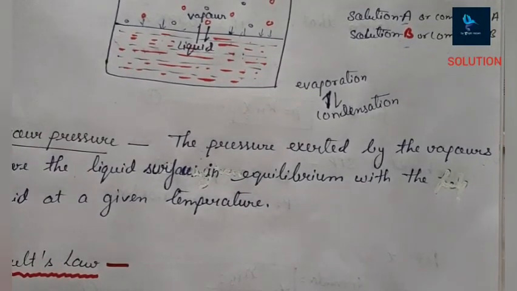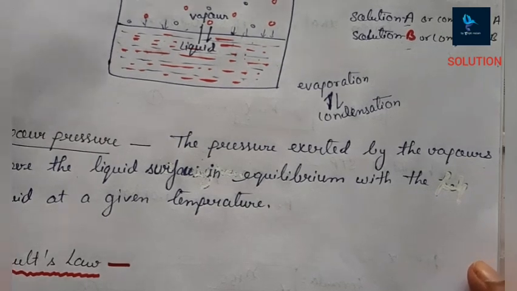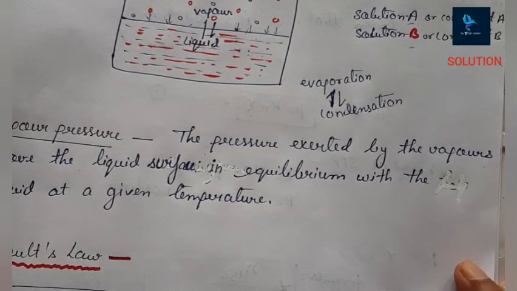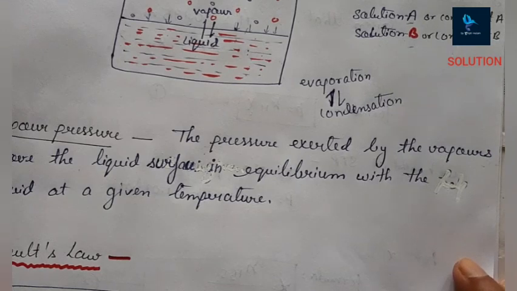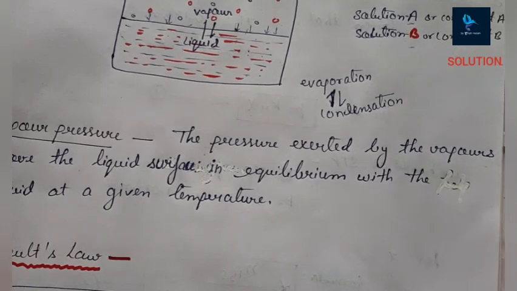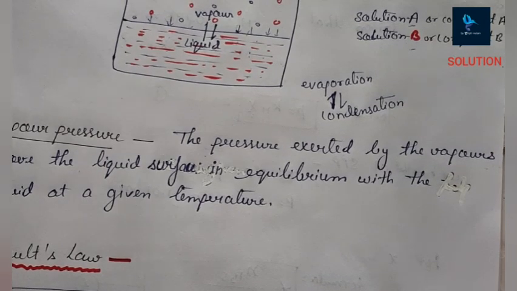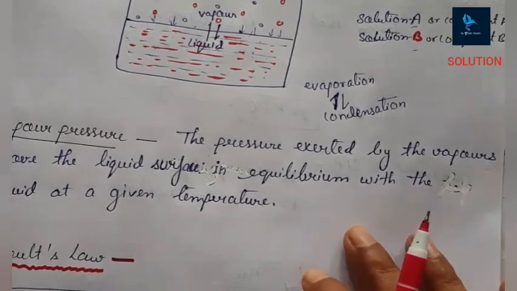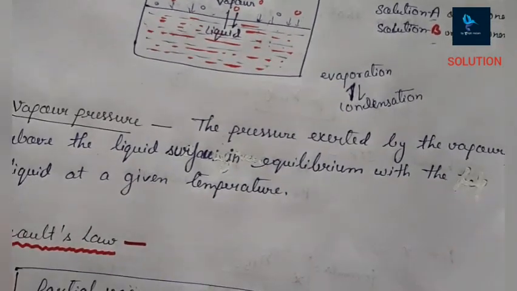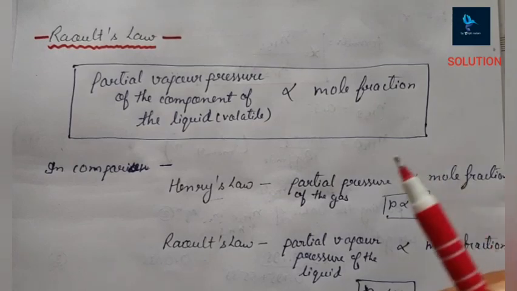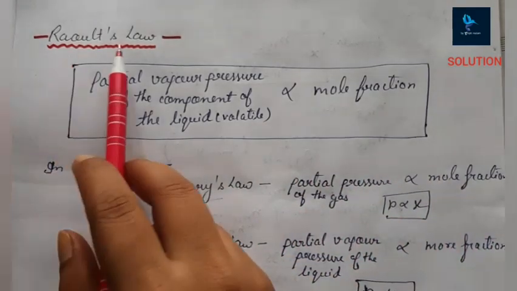There was a scientist named Raoult who gave a law for this particular case, when we make solutions of liquid in liquid, which are binary solutions with volatile components. So our next topic is Raoult's law.